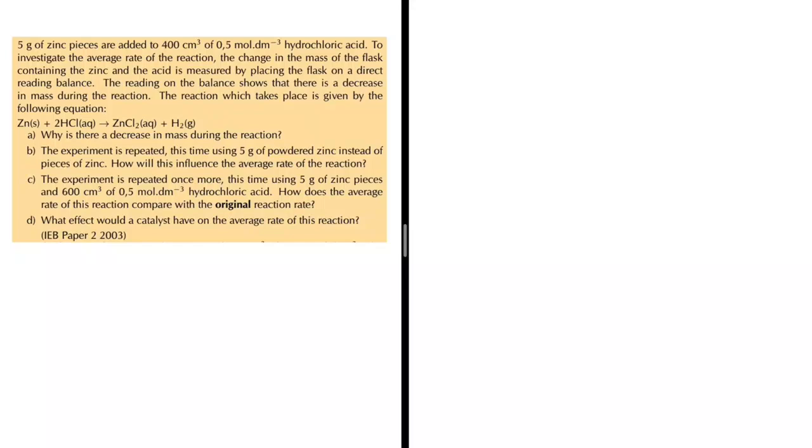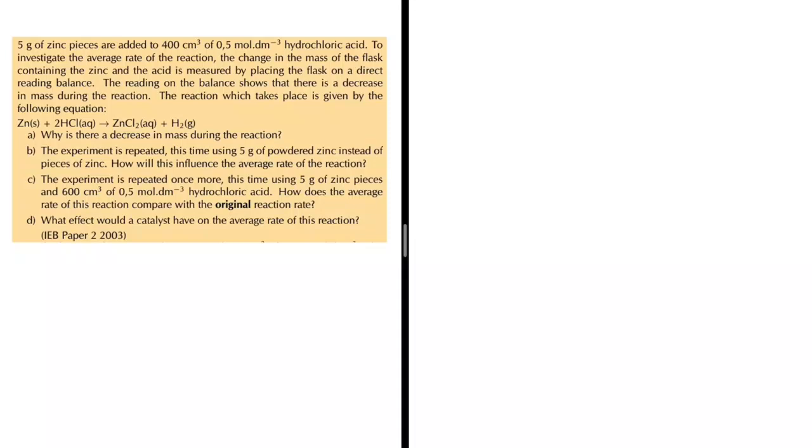Right. So, like we talked about, that method only works if there's a gas produced, because you put your reaction mixture on top of a scale, and then as the gas is produced, it's going to escape. So there's going to be a decrease in mass, and that decrease in mass is going to give you the amount of gas that is actually produced.